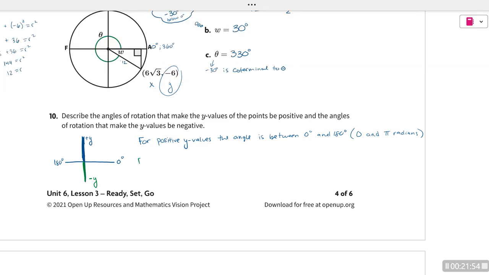So for negative y values, the angle is between 180 degrees and 360 degrees, or pi and 2 pi radians.